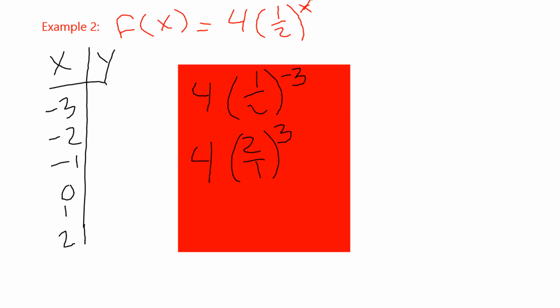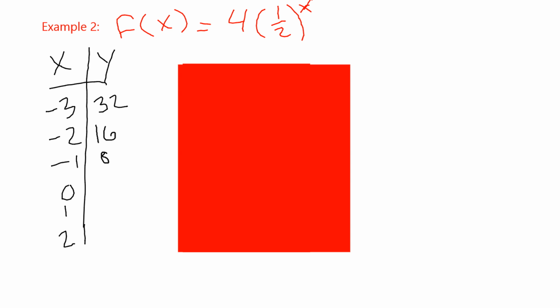So then this changes, 2/1 just changes to 2. So then 2 to the 3rd power is 2 times 2 times 2, which is 8, times 4. So 4 times 8 is 32.